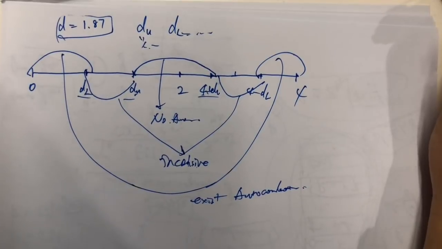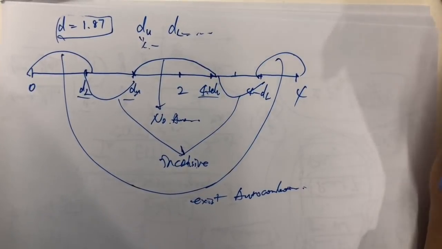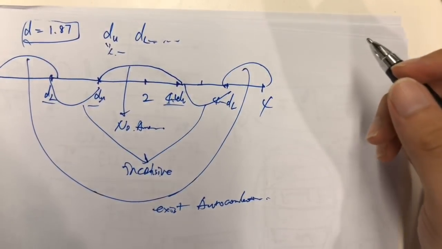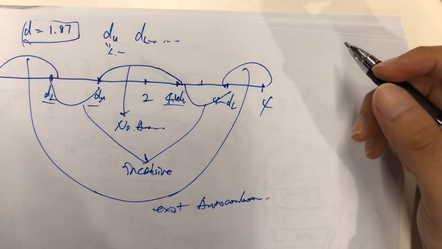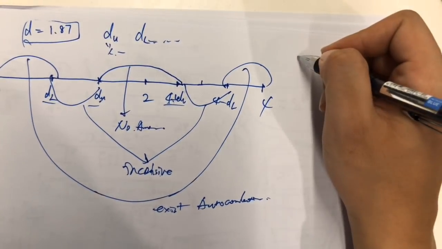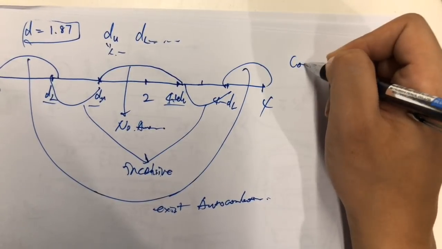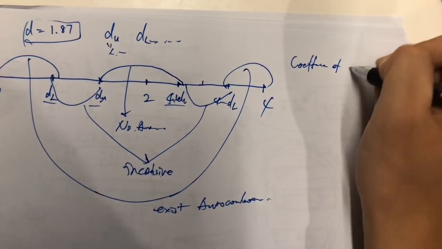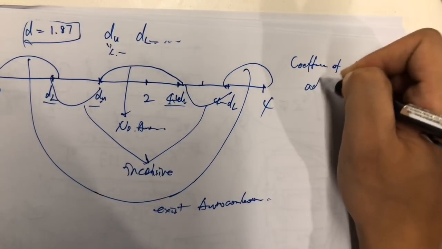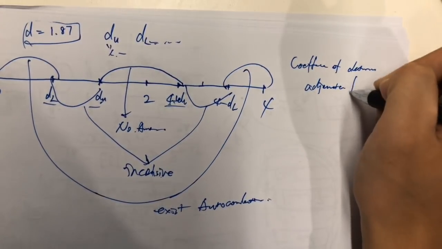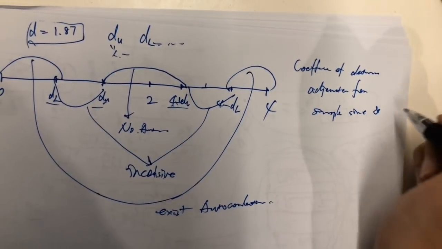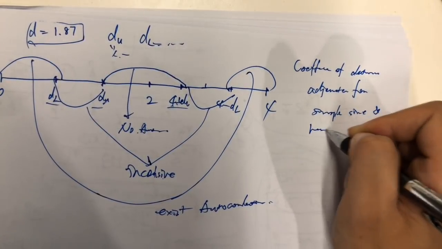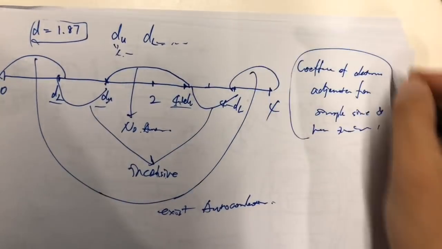Is there any special meaning of multiple R in MLR? The special meaning is adjusted, it's a coefficient. It's called a coefficient of determination adjusted for sample size and number of independent variables.